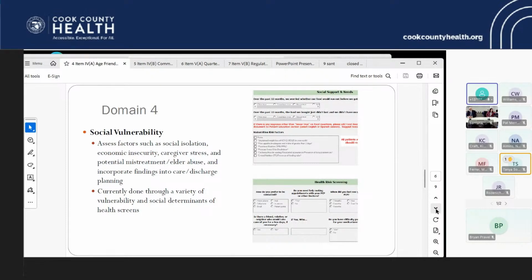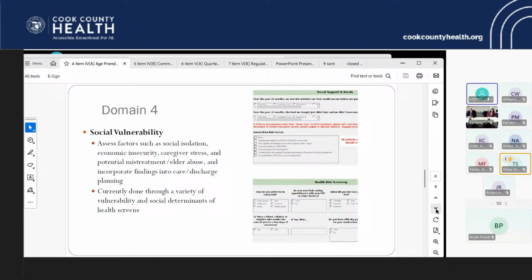All right, Ben. Oh, go ahead. Did you have a follow-up? Well, just to make sure, what you meant is that the social vulnerability screening questions are the right age for the... I'm sorry, can you repeat that? So my question was, do your social vulnerability or SDOH screening questions actually differ by age group?